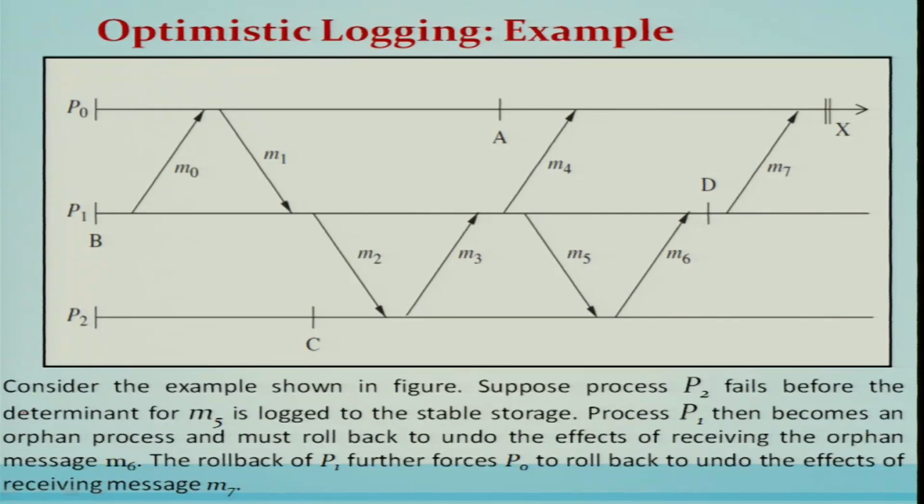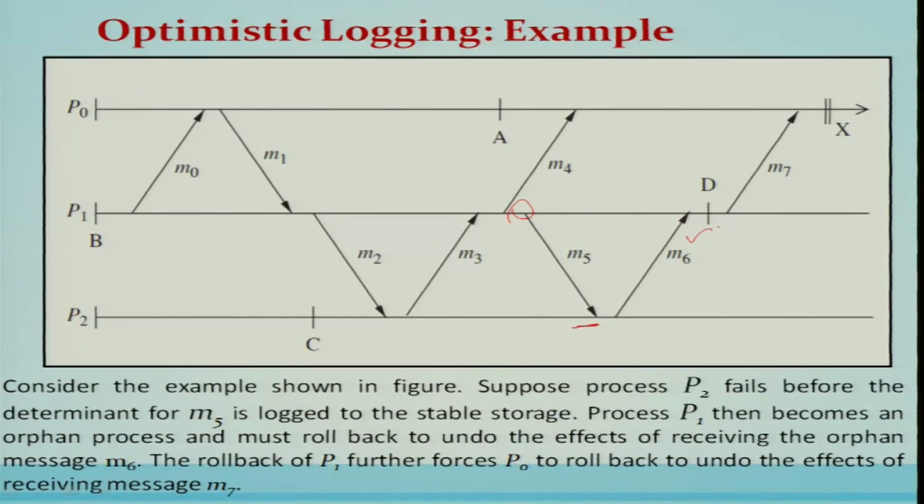Suppose P2 fails before the determinant for M5 is logged onto the stable storage. Process P1 then becomes an orphan and must roll back to undo the effects of receiving the orphan message M6.